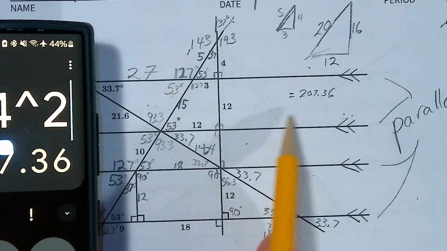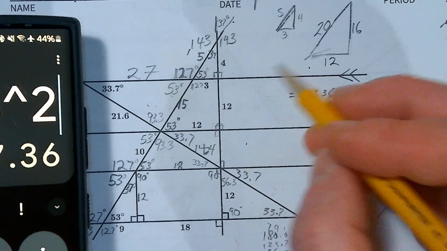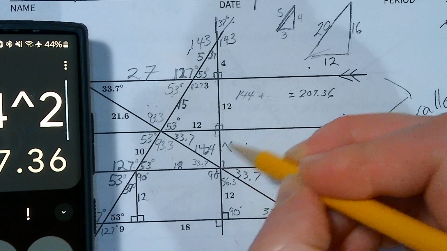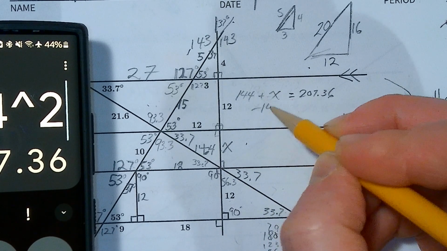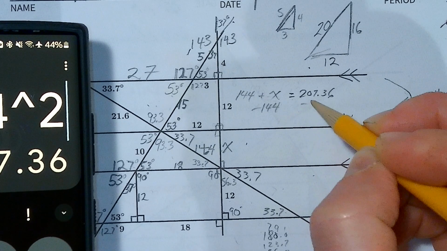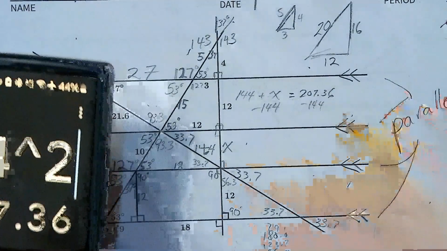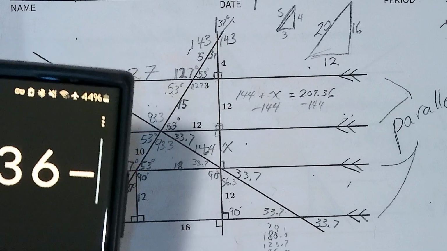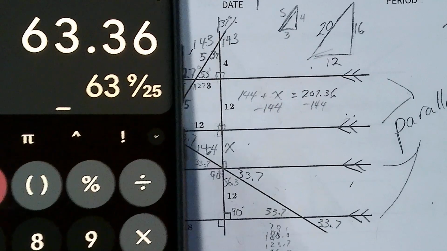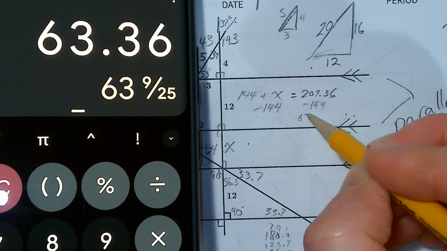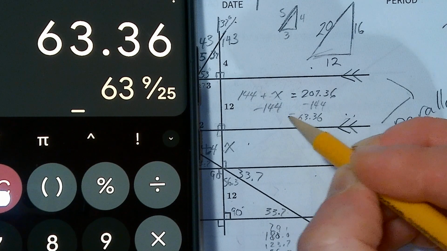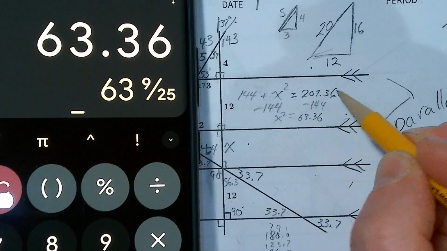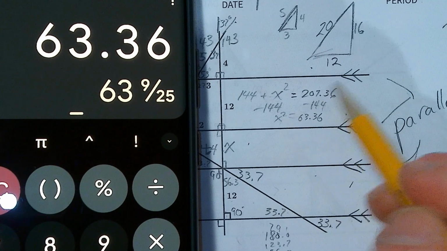I squared it, got that. 12 squared, I happen to know, is 144 plus x squared. A squared plus b squared equals c squared. And now we square root that.